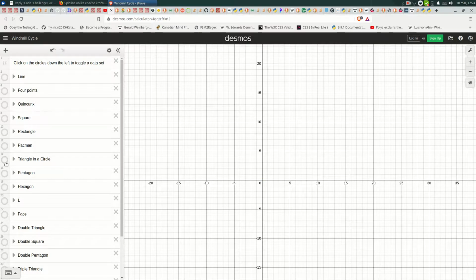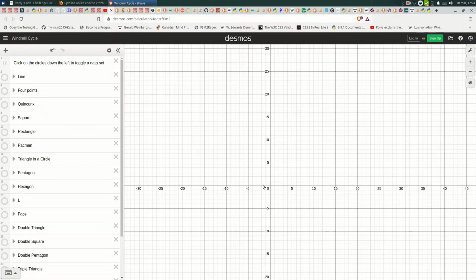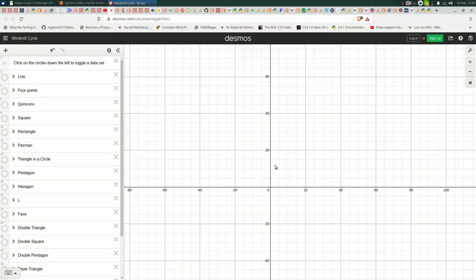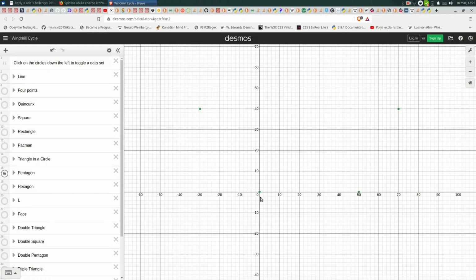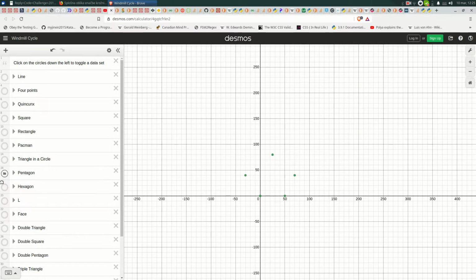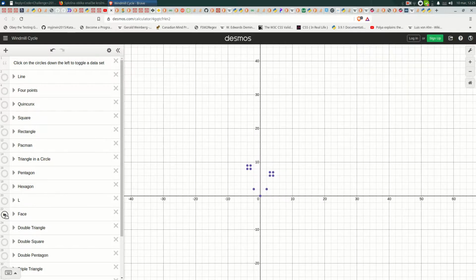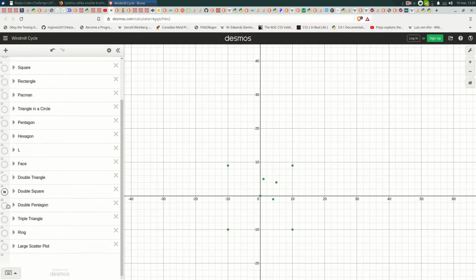Pac-Man. Triangle in circle. Right now I'm just looking for if there is anything that starts here and another point is also on this y-axis. L face, no, double triangle, double square, also not, double pentagon, also not, yeah.